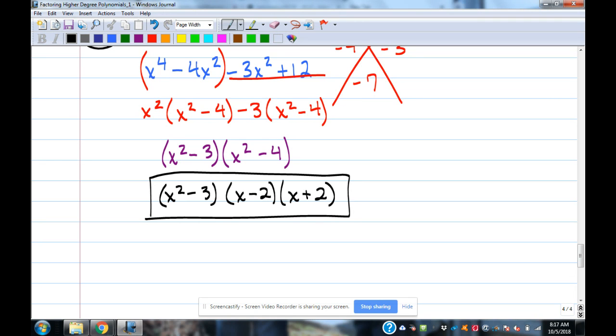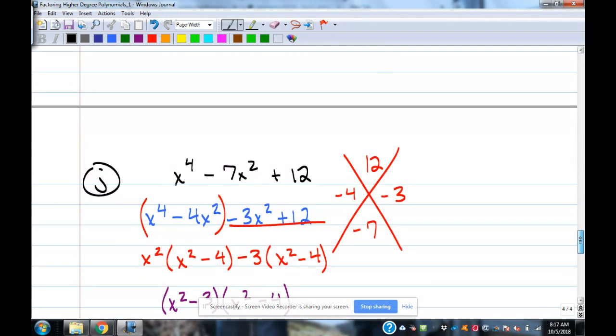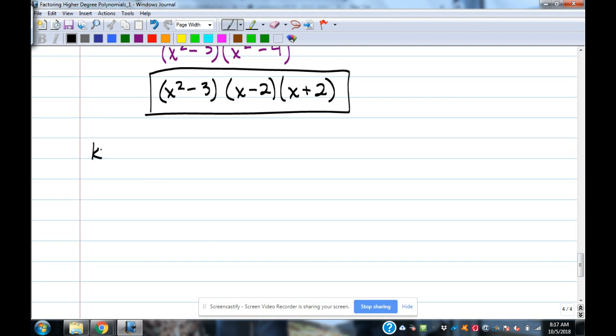If we're dealing with higher degree polynomials, which is what we're trying to do right now. Let's, what letter are we on? K. Let's say we had 6x to the 6th.